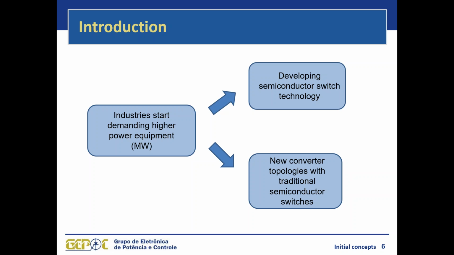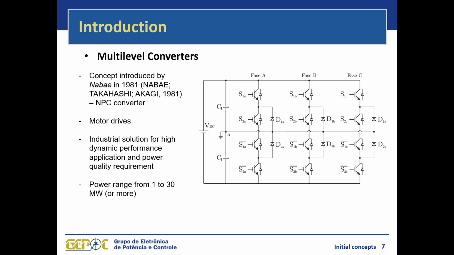We can also work with new converter topologies with traditional semiconductor devices, that is, low voltage and low current semiconductor devices. In this context of new converter topologies with traditional switches, we have the concept of multi-level converters.